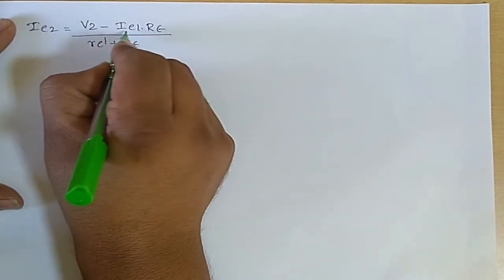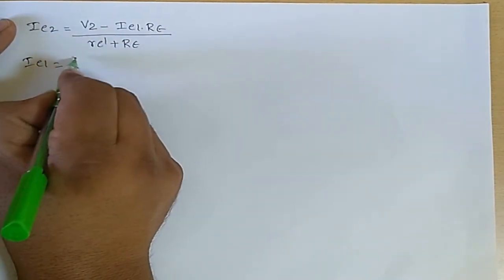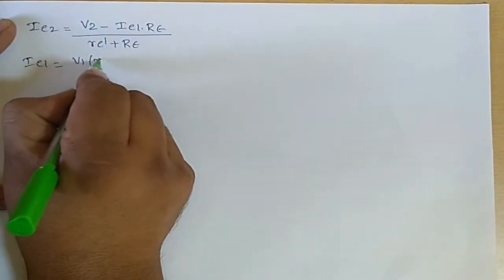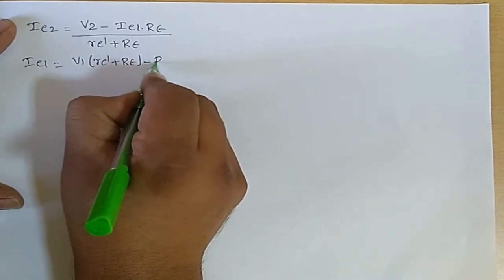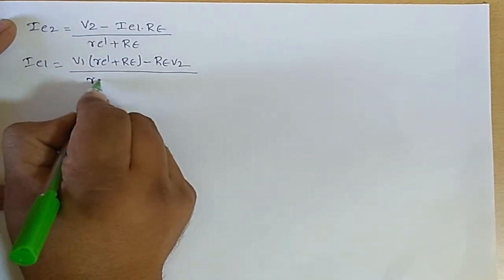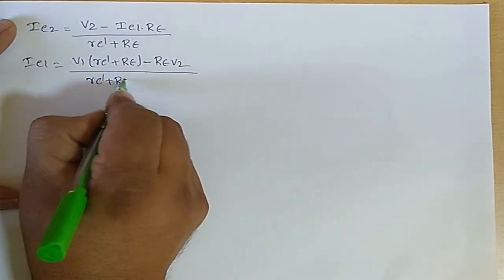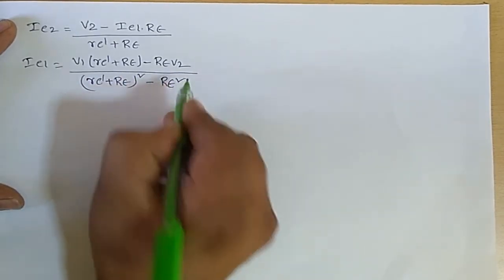In this equation we substitute the IE1. IE1 equals V1 of RE dash plus RE minus RE V2, whole by RE dash plus RE whole square minus RE square.